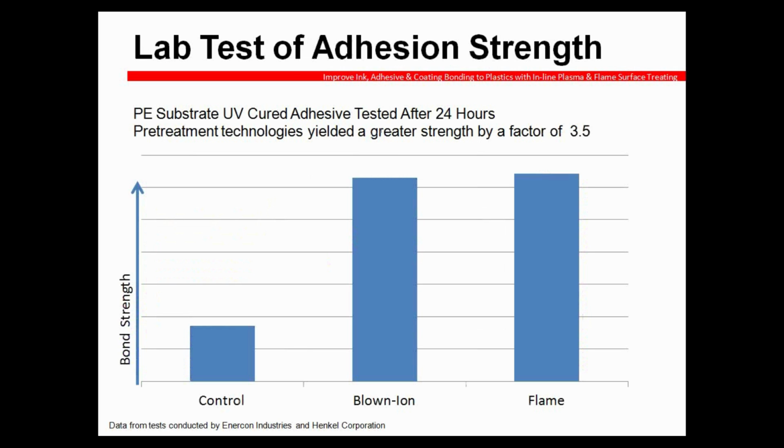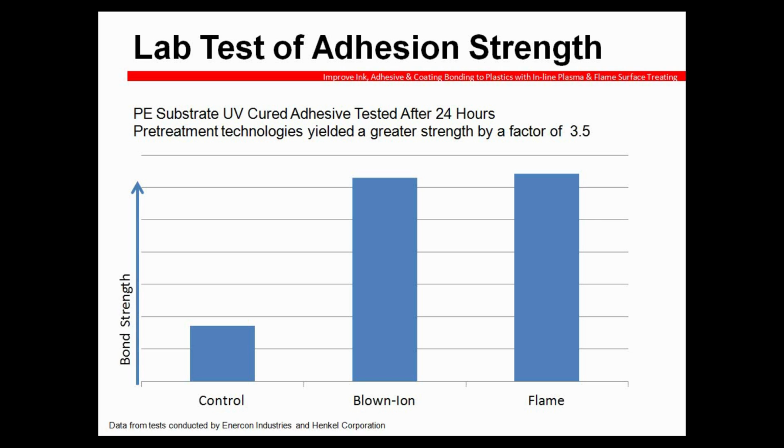So one of the things we wanted to share was a test that we had conducted with an adhesive company. We looked at a polyethylene substrate with UV cured adhesive, and the test was conducted 24 hours after the adhesive was cured. What we saw with the control sample, that being not plasma treated, was a certain bond strength.